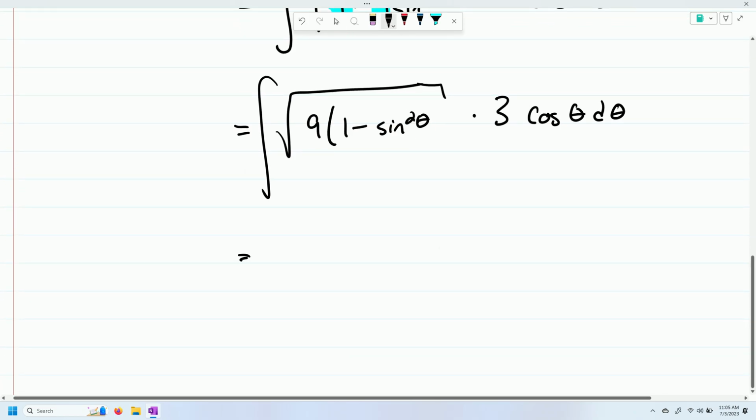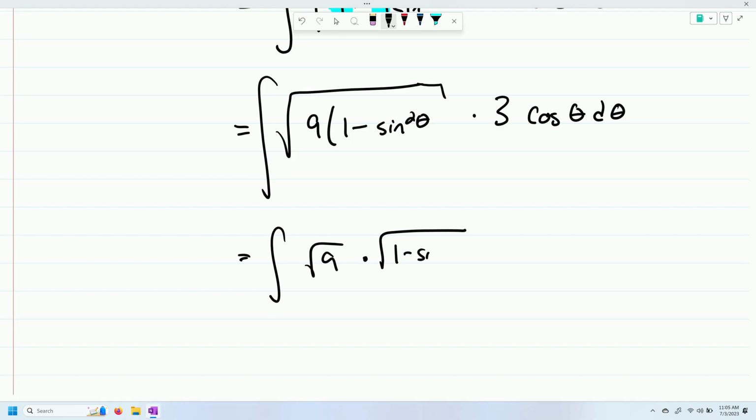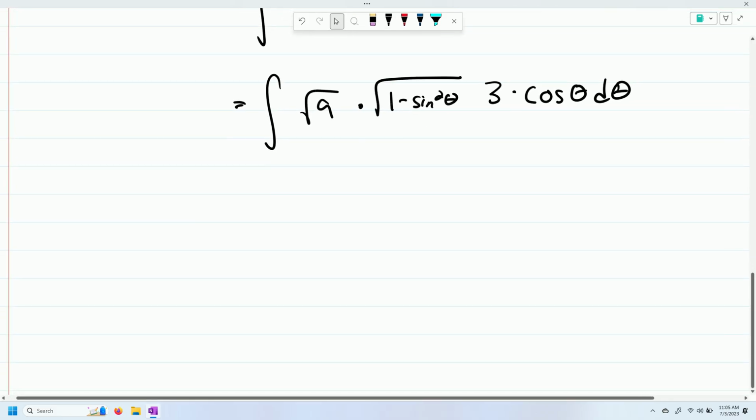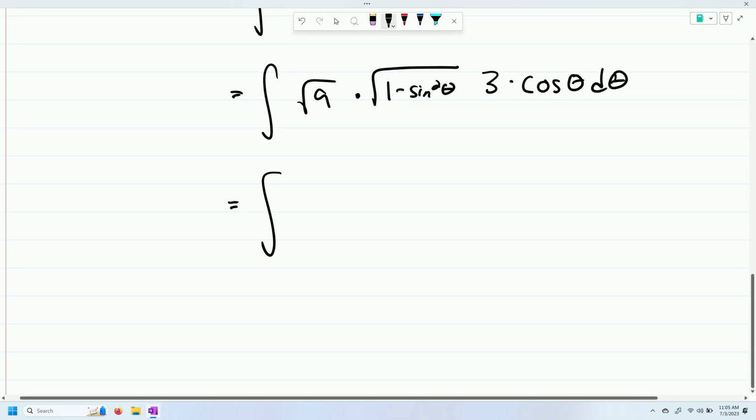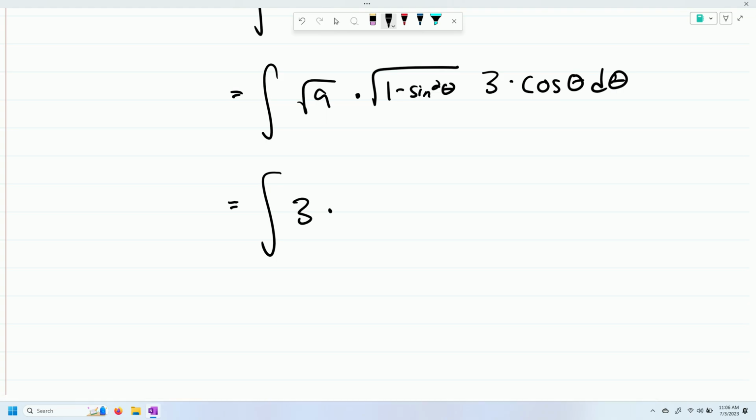Using our properties for radicals, we can separate them as such. Okay? And then finally, going from left to right, the square root of 9 is 3. Now that square root of 1 minus sine squared theta can be rewritten as cosine squared theta.